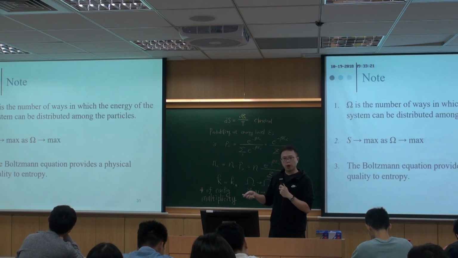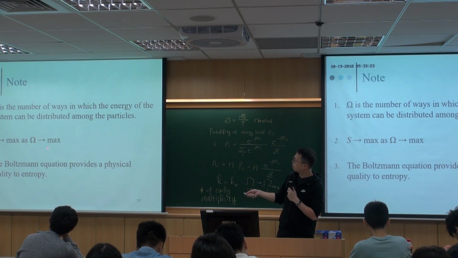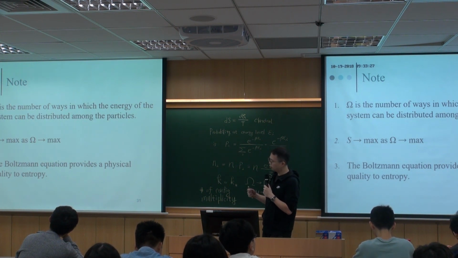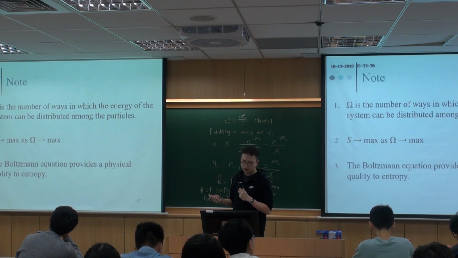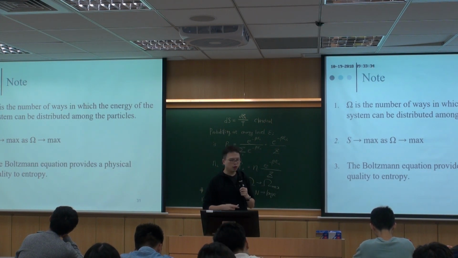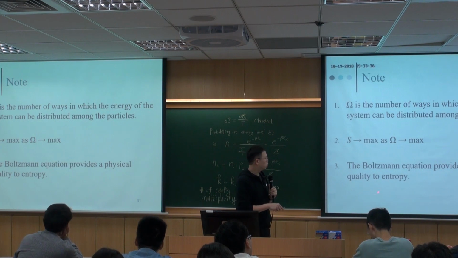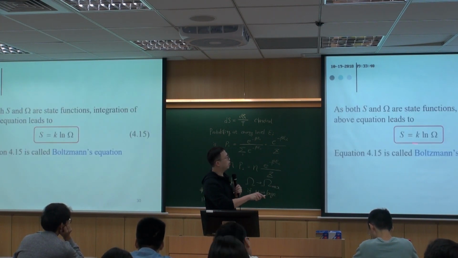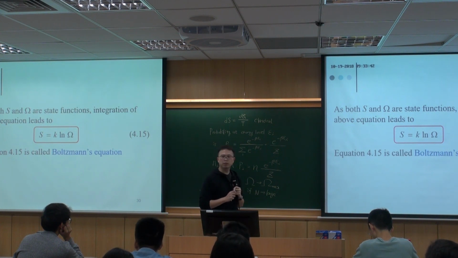And when you have a maximum omega, it means that the entropy of the system is also maximized, and that's the equilibrium state. The Boltzmann equation provides a physical meaning to entropy, so you can directly calculate the absolute value, as long as you can calculate omega.